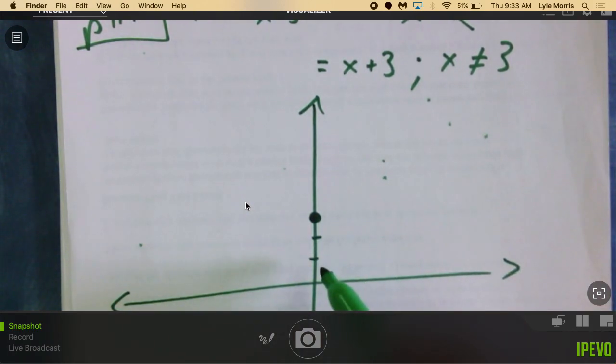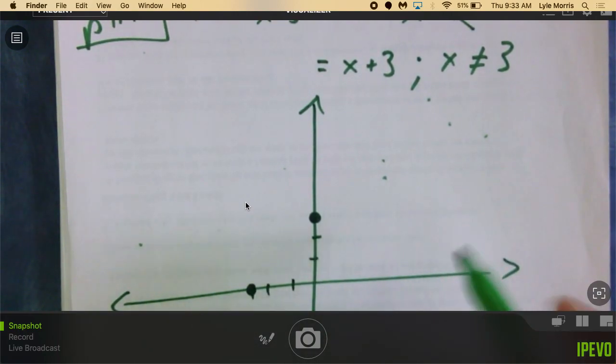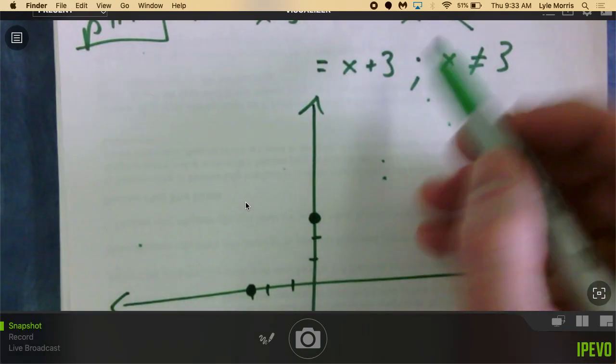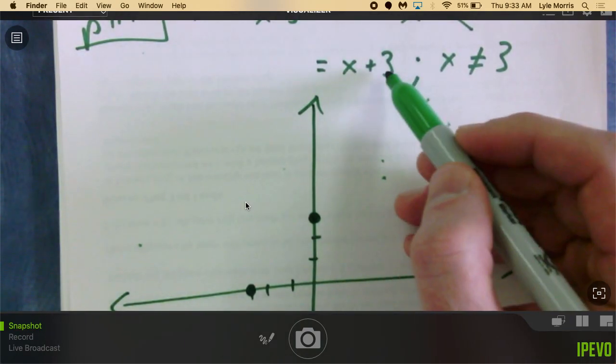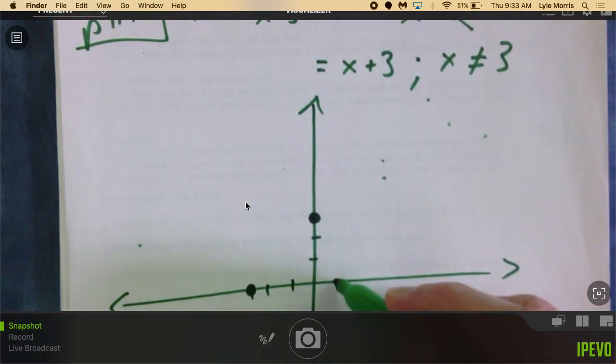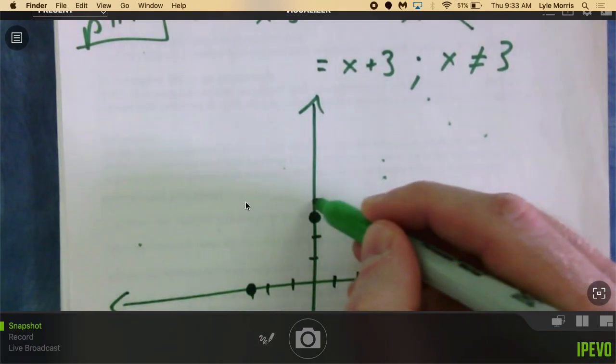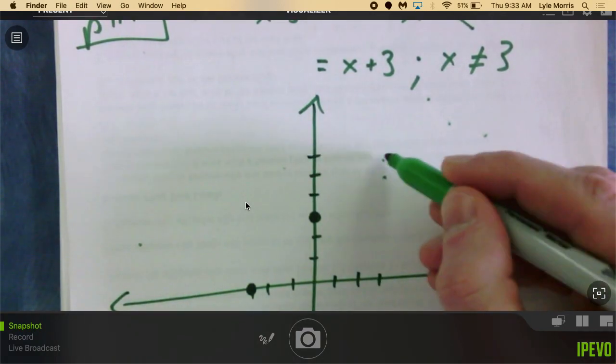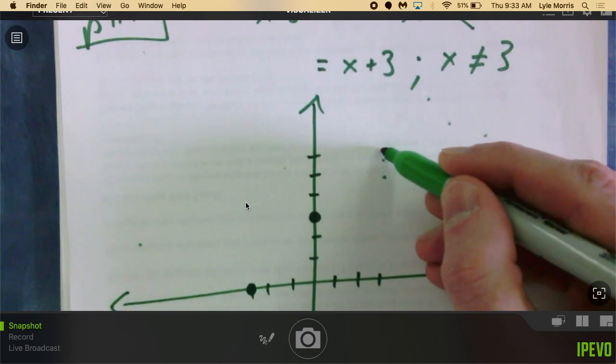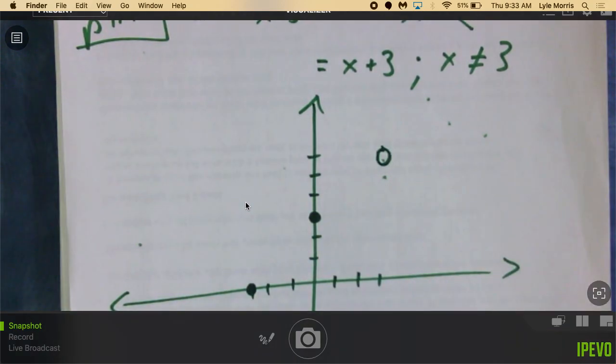And the slope is 1, so bump, bump, bump, should go through there. Now, when x equals 3, y would be 6. So 1, 2, 3, 1, 2, 3, 4, 5, 6. I'm not using graph paper, so my lines might be a touch off, but it should be a straight line.